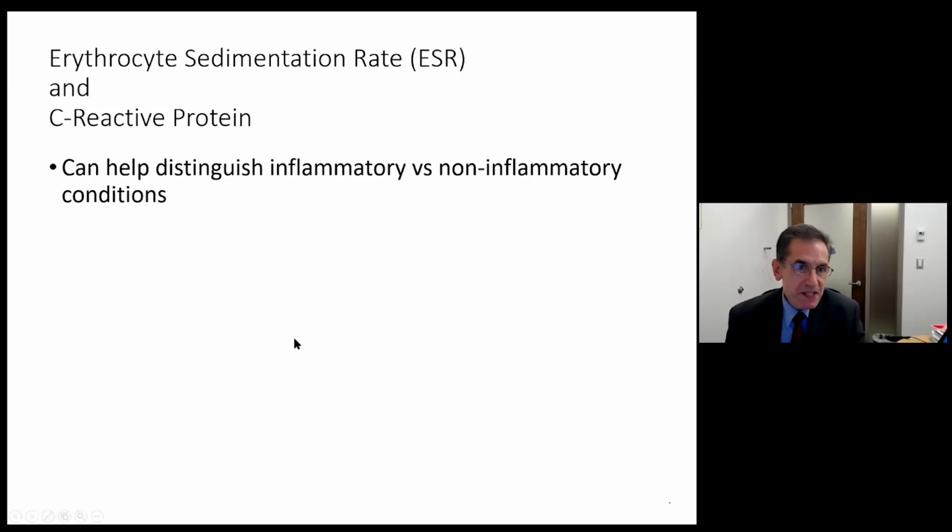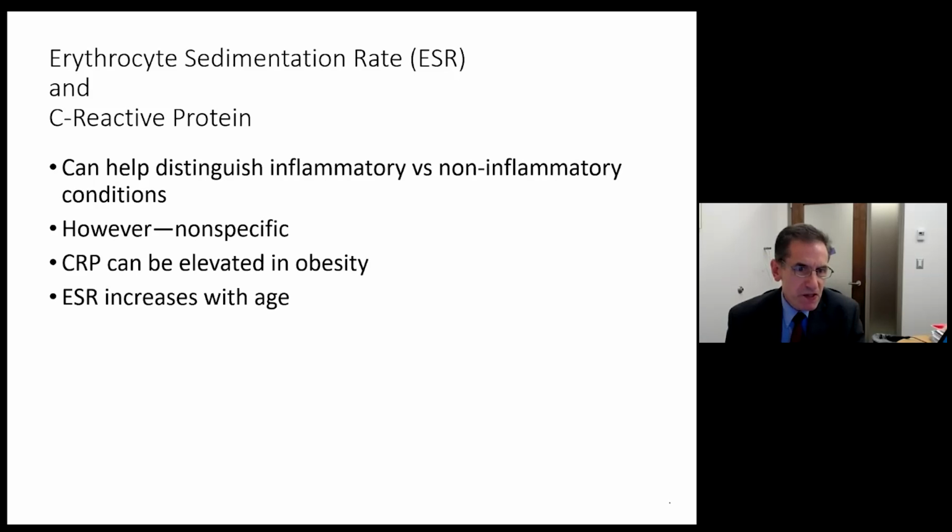A word about the SED rate and CRP. They can help to distinguish inflammatory versus non-inflammatory conditions. However, they're non-specific. It's important to remember that the CRP can be elevated in obesity, and the ESR increases with age. For both the ESR and CRP, there is a correction factor that you can utilize for patients who are older.